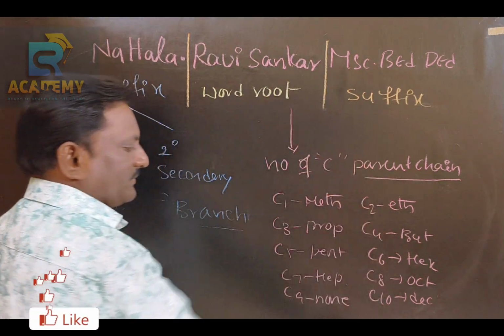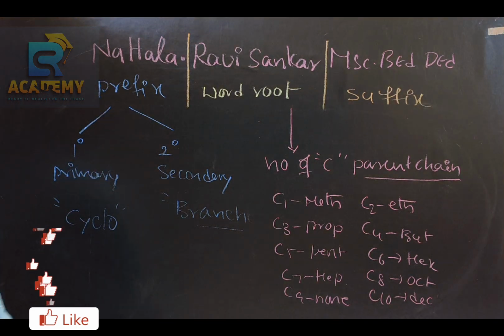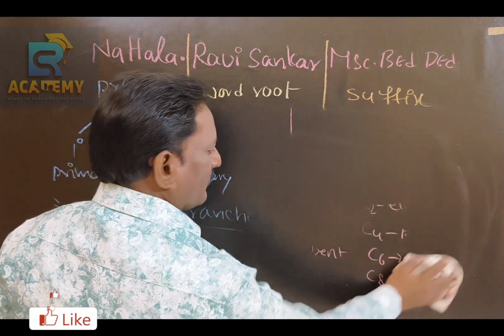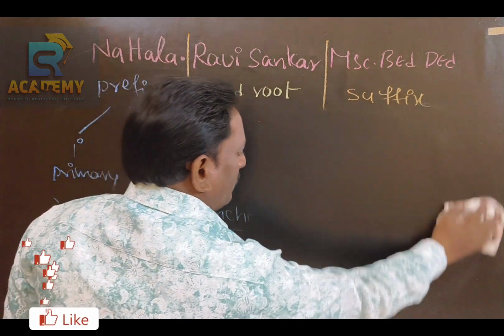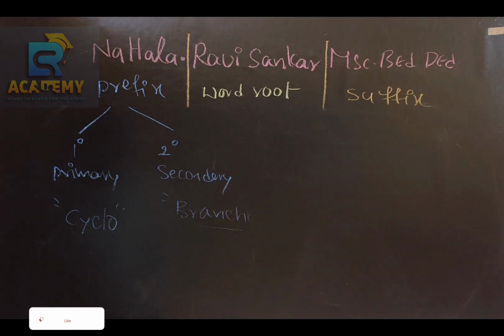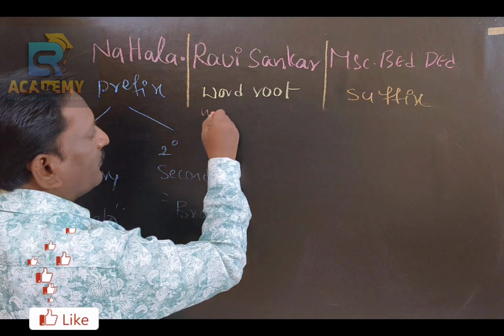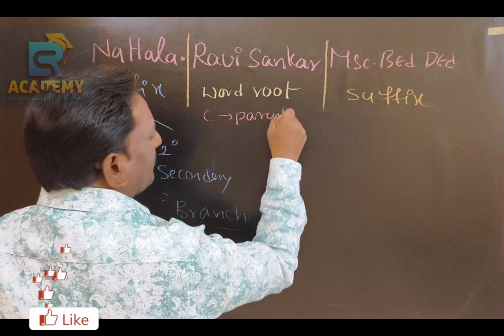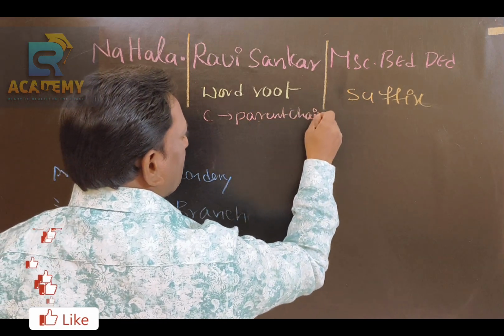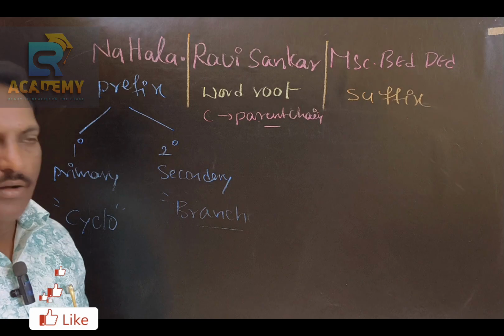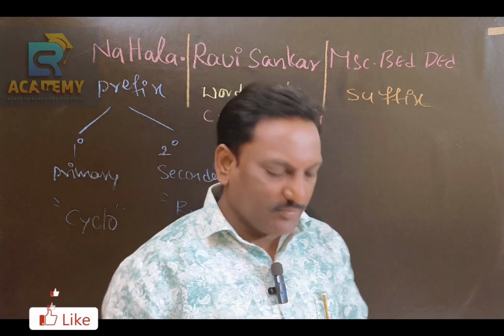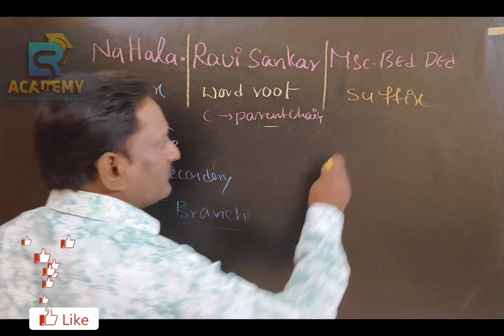Next one, suffix. Make a note. Word root means the number of carbon atoms present in the parent chain. Next one, suffix. Suffix is the last part of the name of the organic compound.